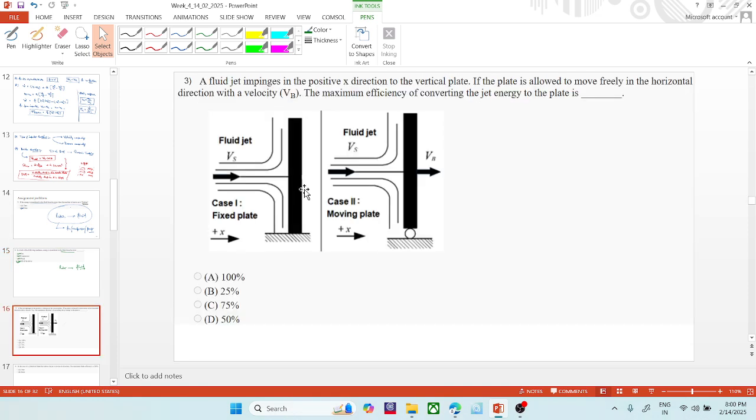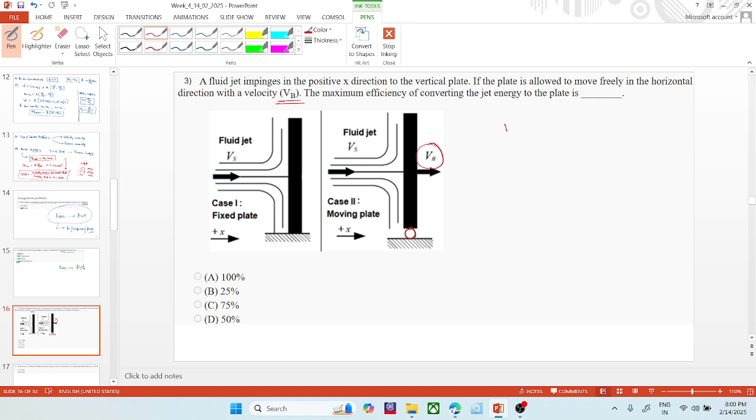Next, the problem says a fluid jet impinges in the positive x direction on a vertical plate. If the plate is allowed to move freely in the horizontal direction with a velocity Vb, what is the maximum efficiency of converting the jet energy to the plate?